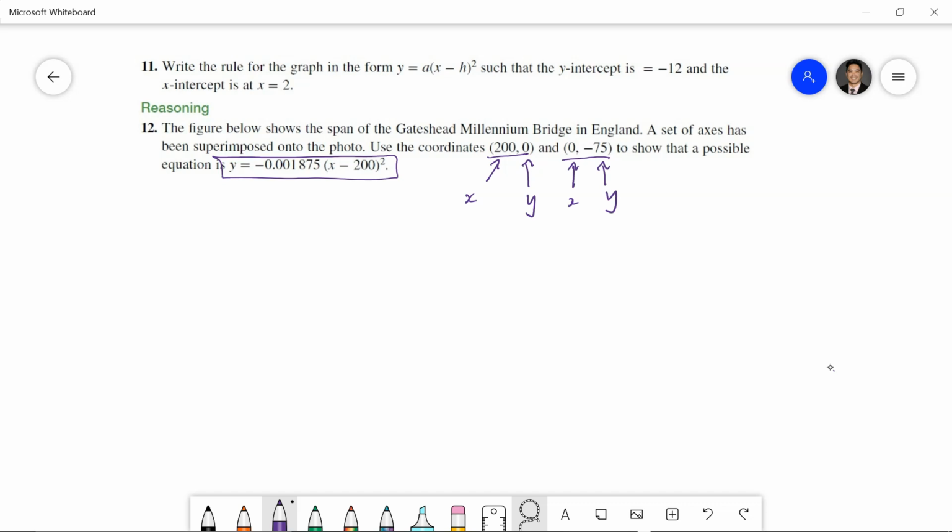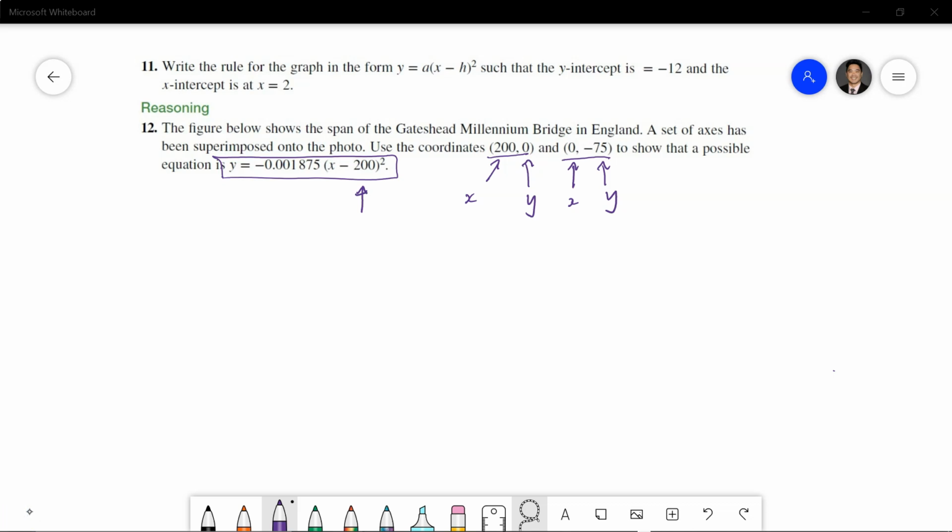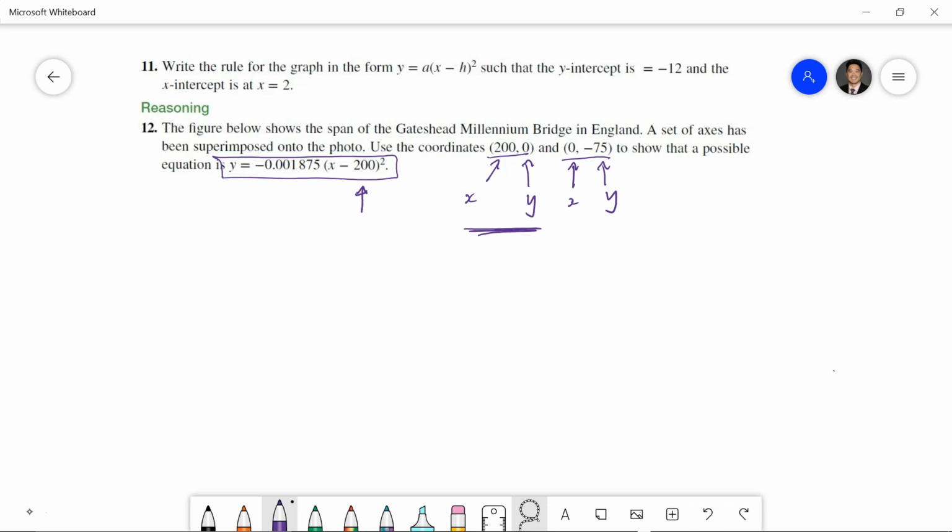Now, the easiest part from here to look at is we already know it doesn't really matter because we've got a negative value and it's a whole string of really weird decimals. Don't want that to throw you off, but we have a minus 200. And so what I want you to understand here, with the first set of coordinates, y is equal to 0.